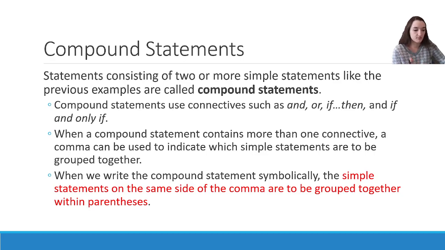When a compound statement contains more than one connective, a comma can be used to indicate which simple statements are to be grouped together. This one's a little bit important and interesting because quite often when we're speaking, we tend to have a lot of ideas at once, right?